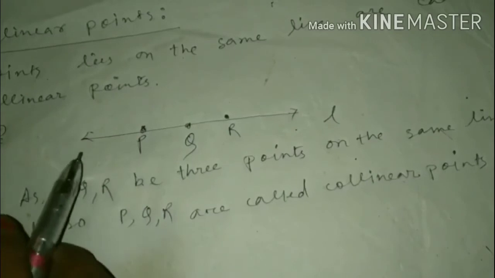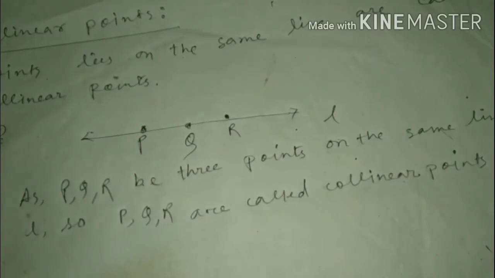Collinear points mean points on the same line. Whenever the points are lying on the same line, they are said to be collinear points.